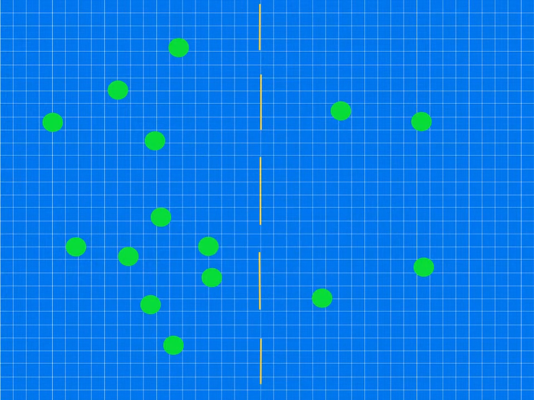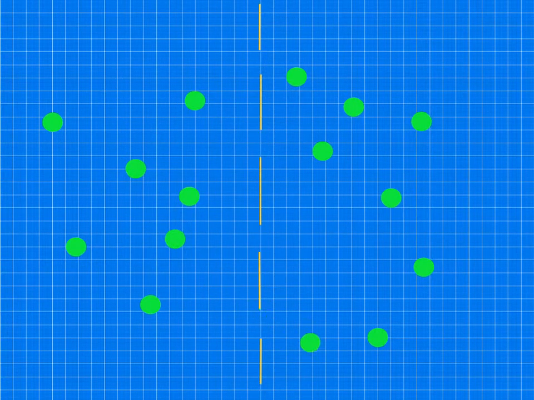Now they can move both ways, but overall particles move from the higher concentration to the lower concentration. They'll continue to do this until they reach some sort of equilibrium or balance between both sides of the membrane.